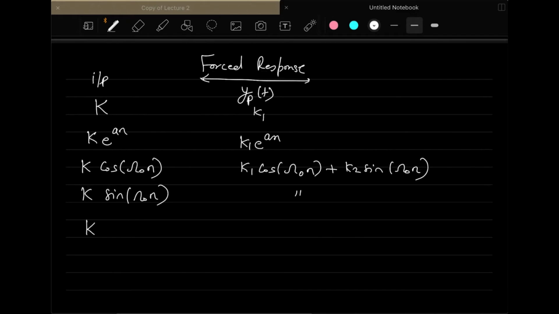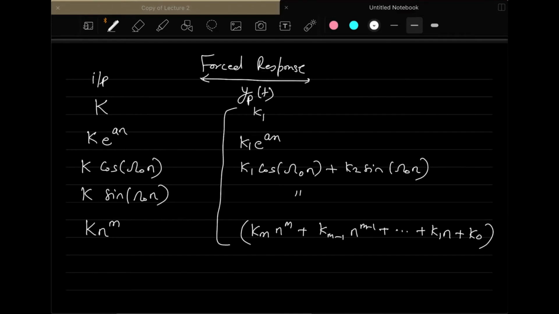And if it is a polynomial, then it will be like this. So this is similar to the one which we had done earlier, right? In continuous time, nothing different. So these are the responses that you will assume in case you have these types of inputs.